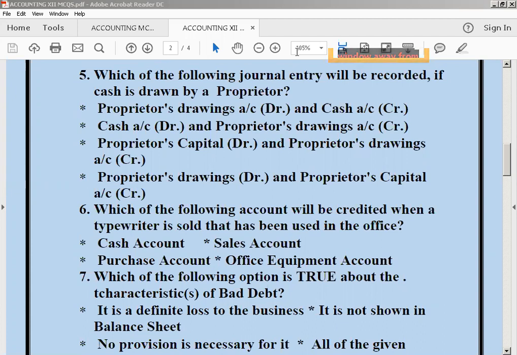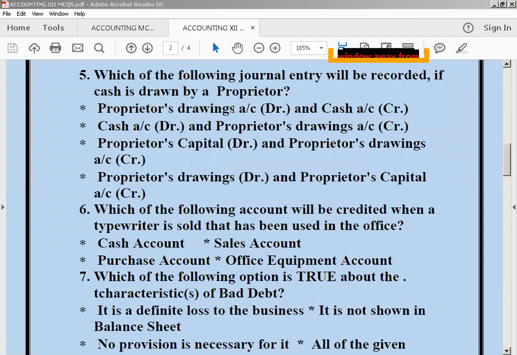So what you have to do is understand that whenever we are doing the drawings, whenever we withdraw the amount from the business, then what will be your appropriate entry? You have to choose the appropriate journal entry, or you can say a double entry.